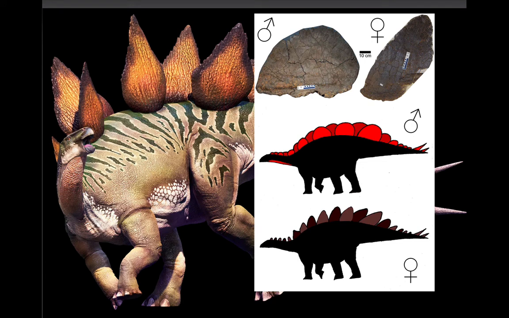There were two groups of shapes of the plates found on the back of a Stegosaurus. And these were interpreted as being the difference between male and female stegosaurs, with male stegosaurs seeming to have a rounder plate, and a female stegosaur having a narrower, more pointed plate.